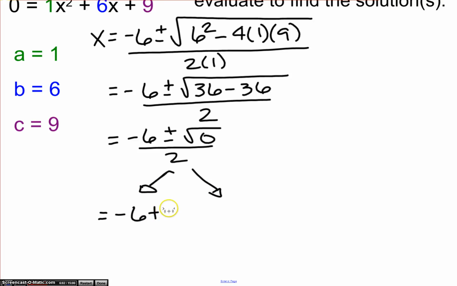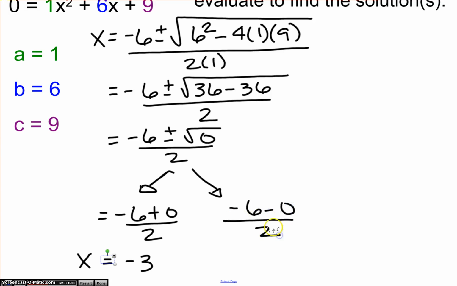Negative 6 plus 0 divided by 2 equals negative 3. And then you're going to have negative 6 minus 0 divided by 2, which is still going to be negative 3. So this only has one solution.